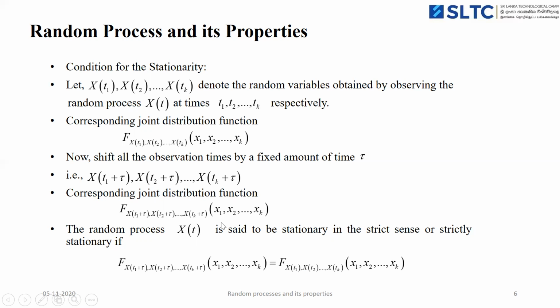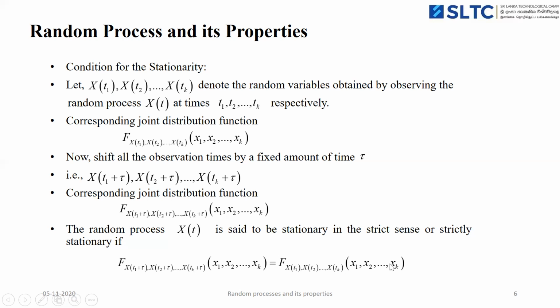Then after getting the joint distribution function for both sets of random variables, now we can check whether the random process is stationary or not. The random process x of t is said to be strictly stationary if the joint distribution of the set of random variables with shifting is equal to the joint distribution of the set of random variables without shifting.